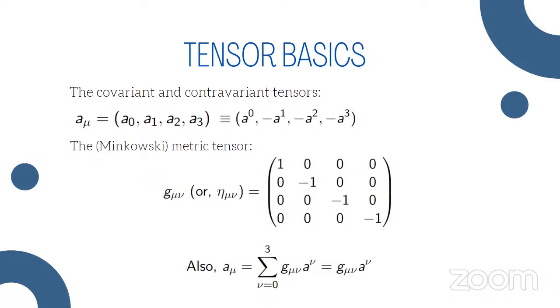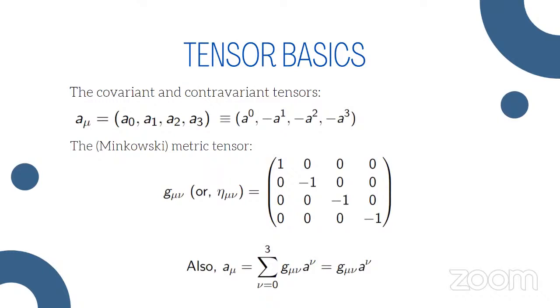Covariant tensors are denoted by lower indices, that is A0, A1, A2, A3, which have the indices at the bottom. And then we have the contravariant tensors, where A0, minus A1 is equivalent to the covariant tensor A1 with the lower index. The contravariant tensors look like they have the upper indices.